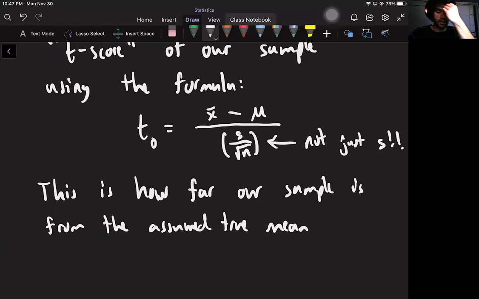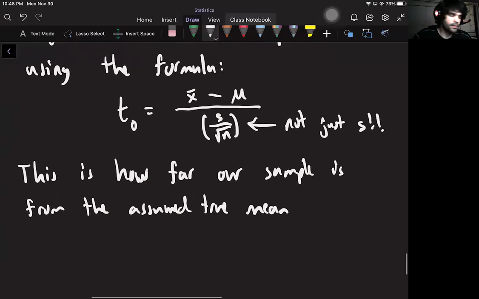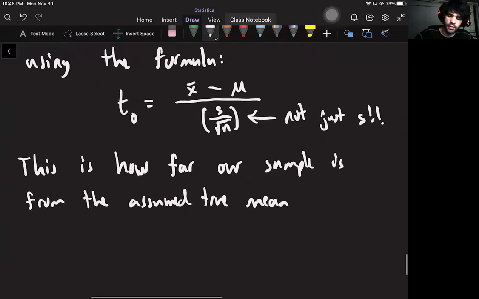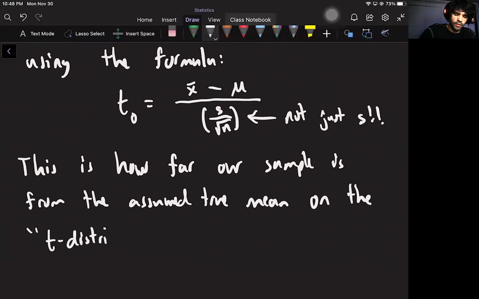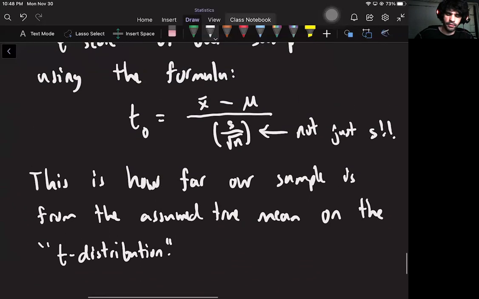So remember, we're really just seeing if our sample is so far away that it's too strange, and it makes us question the original mean. So this is exactly saying how far away it is, but on the t distribution, which we really didn't study very much, but we are going to have to use it. That's okay. We don't really have to know much about it to use it, because we just need this little formula.